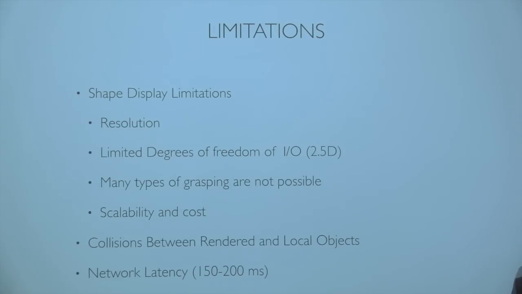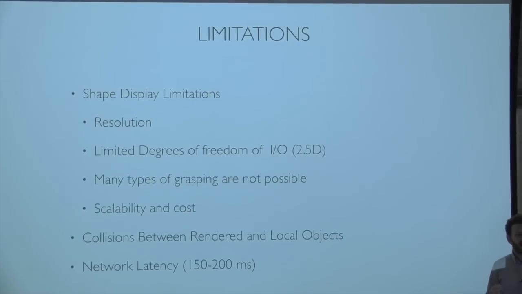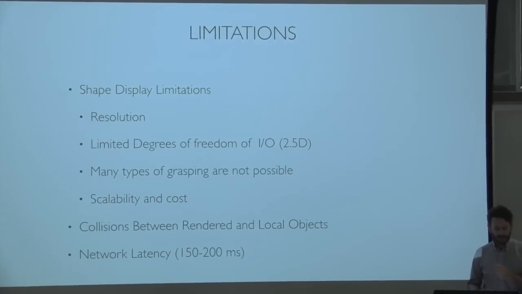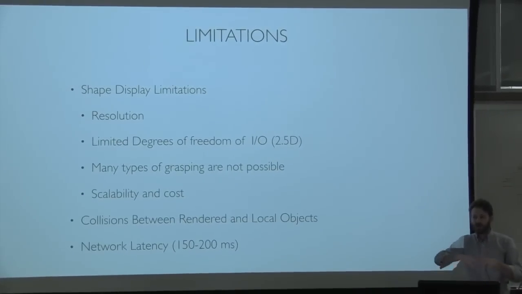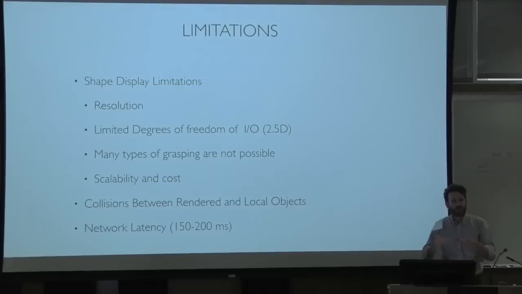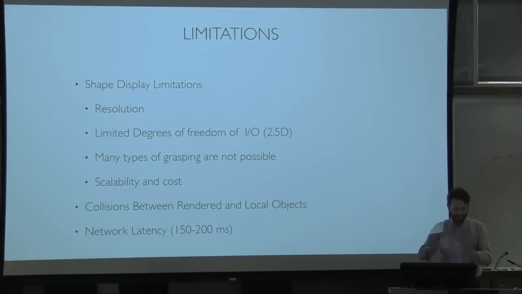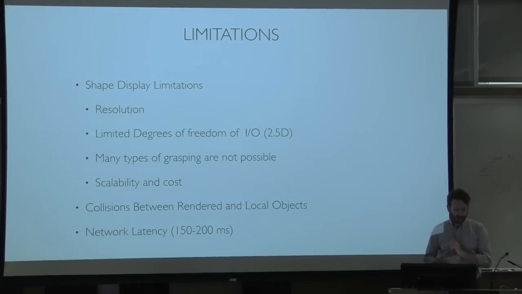But maybe more importantly, with this class of shape display, the actuated pin array, you're always going to have this limited degree of freedom, the 2.5D rendering. You can't have overhangs. You can't actually grasp objects or apply forces laterally, only up and down. And obviously it's not very scalable. There are also some issues in terms of network latency.